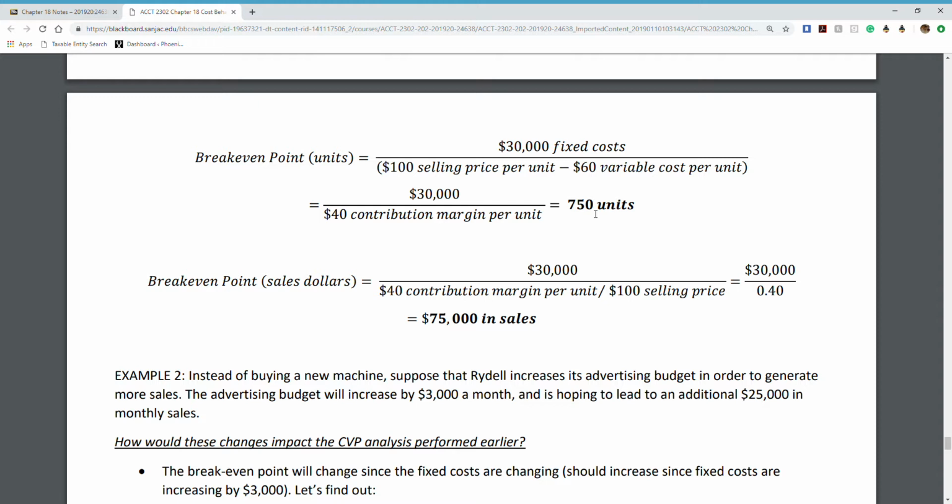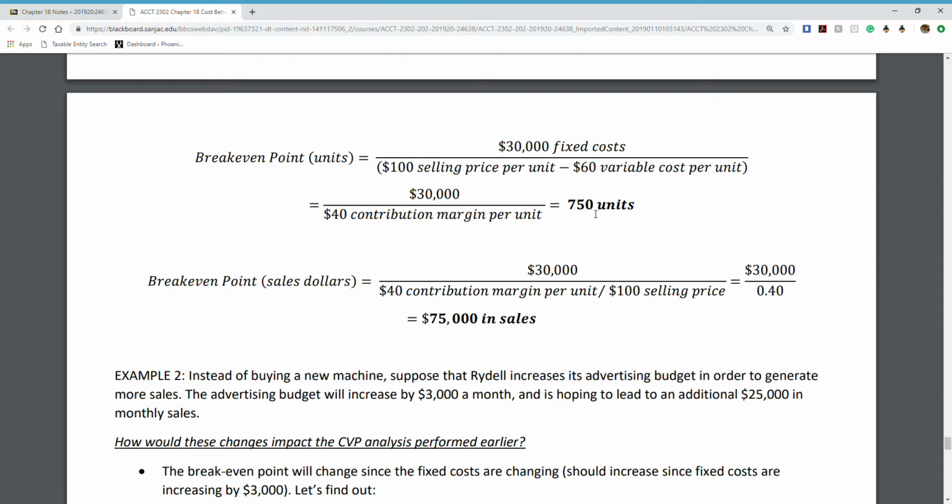We lowered it by 50 units that need to be produced. That's cool. Same thing in sales dollars. If I take 30,000 divided by our contribution margin ratio based on per unit, we find out that it's only 75,000.